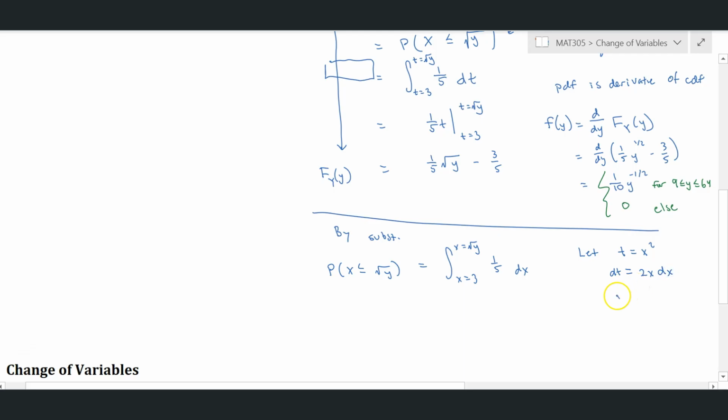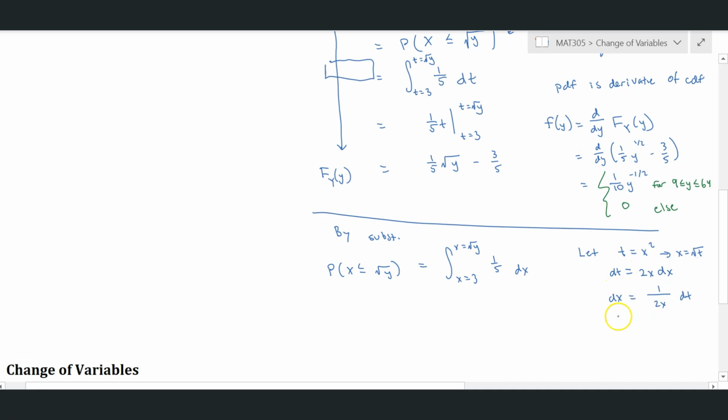And that means that we can replace dx with 1 over 2x dt. Now, since t equals x squared, that means x equals the square root of t. We don't need plus or minus in this case.